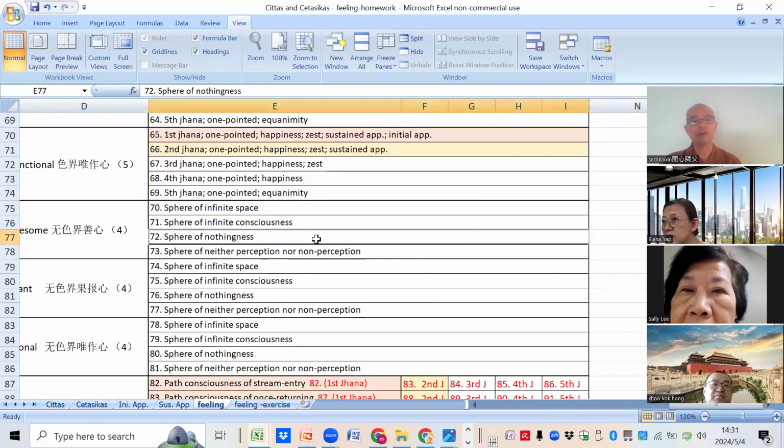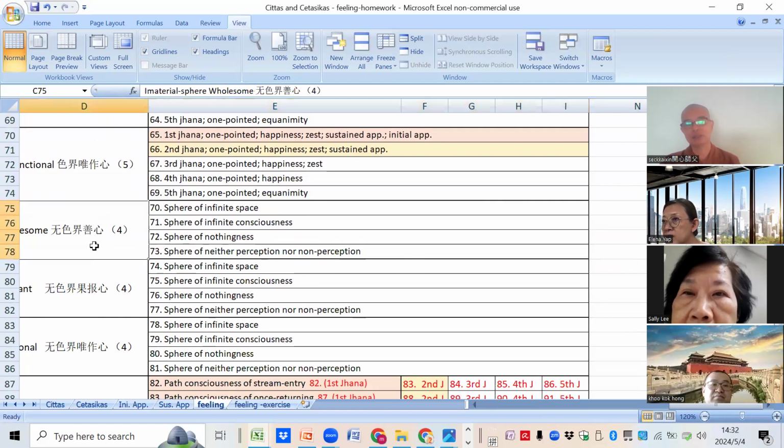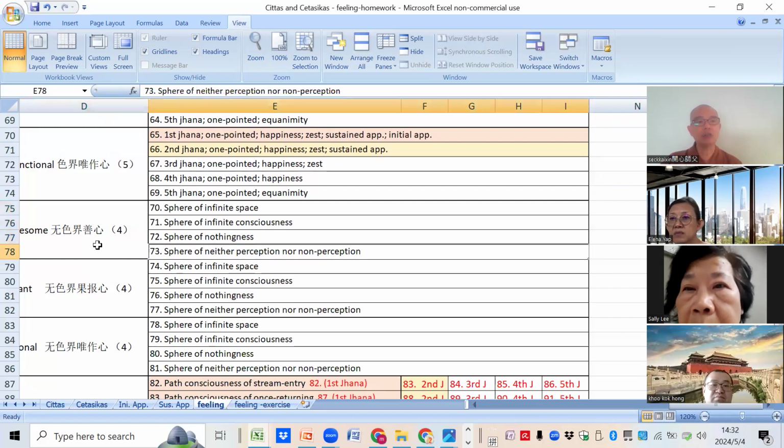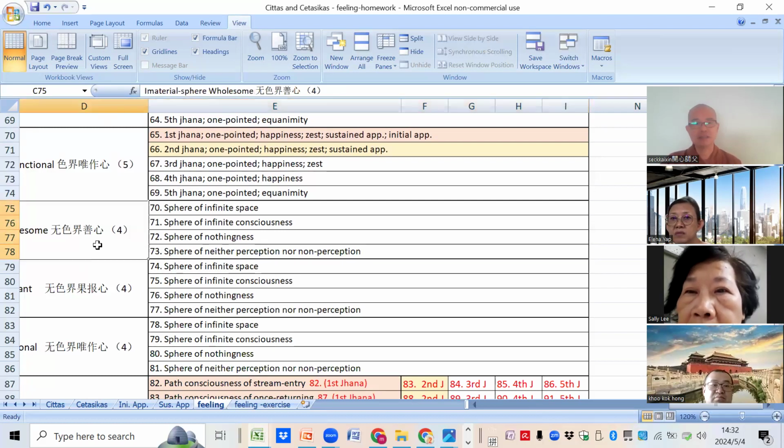How about the formless, the 无色界? No, there is none. Actually, there is. It involves some Abhidhamma. Basically, all the formless consciousness follow the fifth jhana. So, meaning to say, how many?